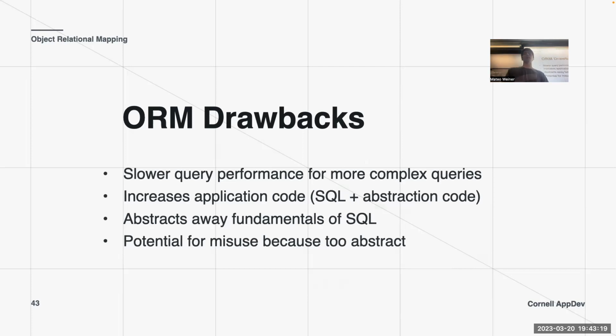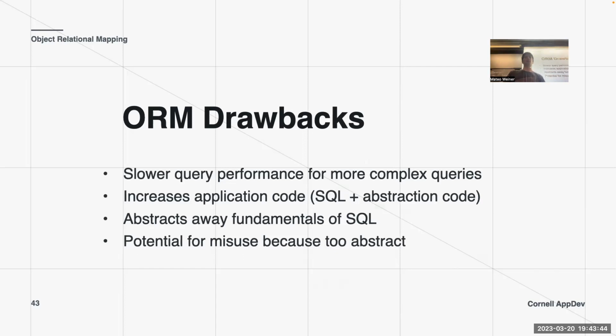And then lastly, there's a potential misuse because it is too abstract. Because some things might not transfer from an ORM to SQL directly, sometimes there's that level of abstraction where because you're not writing direct SQL code, something might not work as it's intended to. And so those are just a few drawbacks of using ORMs, but in a lot of cases, it's preferable to use it.